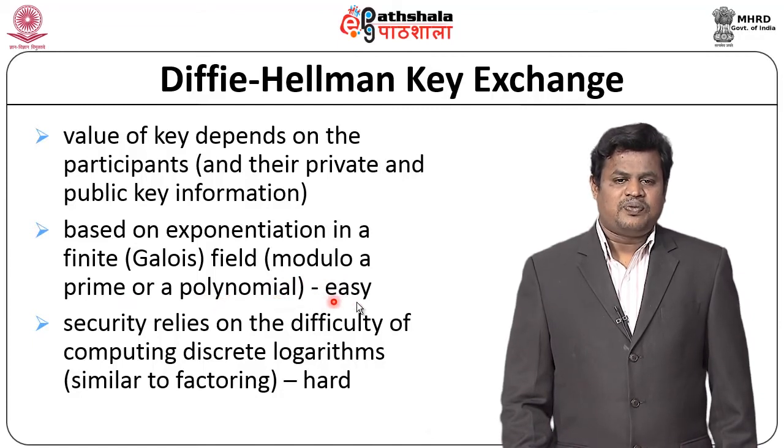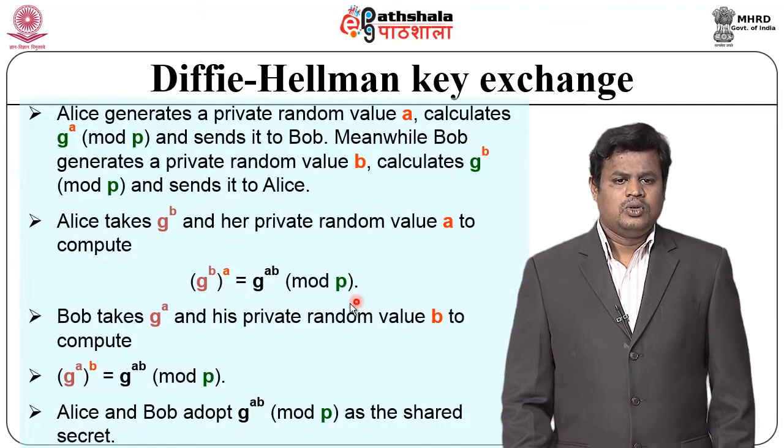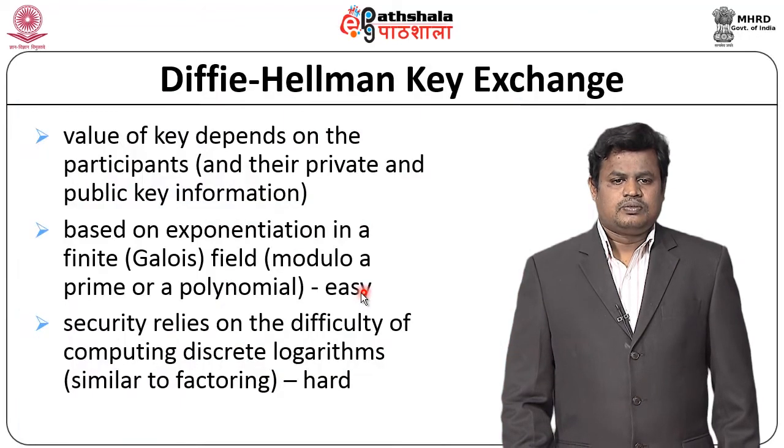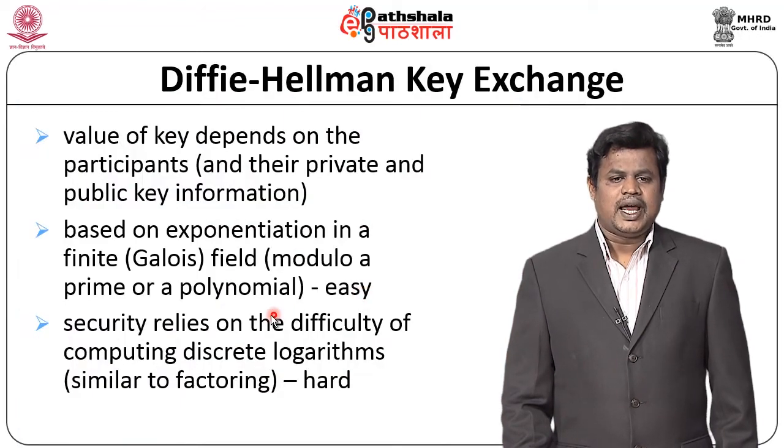It is considered one of the easiest ways, because as you see in the algorithm, no complex things are involved; it is just modular exponentiation. It is very easy in one direction, whereas the security lies on the difficulty of computing the discrete logarithm, similar to factoring in the case of the RSA algorithm.